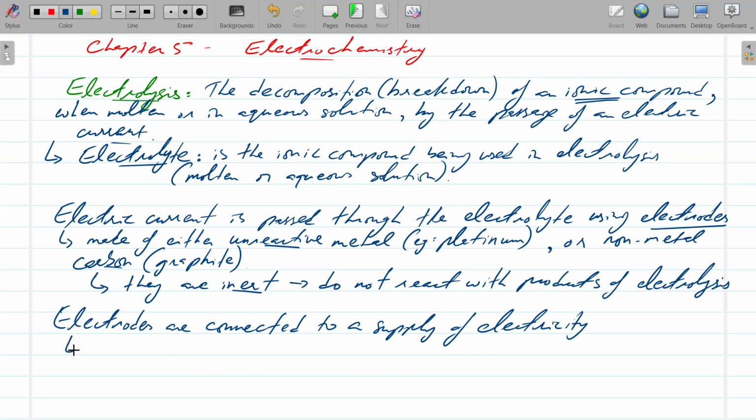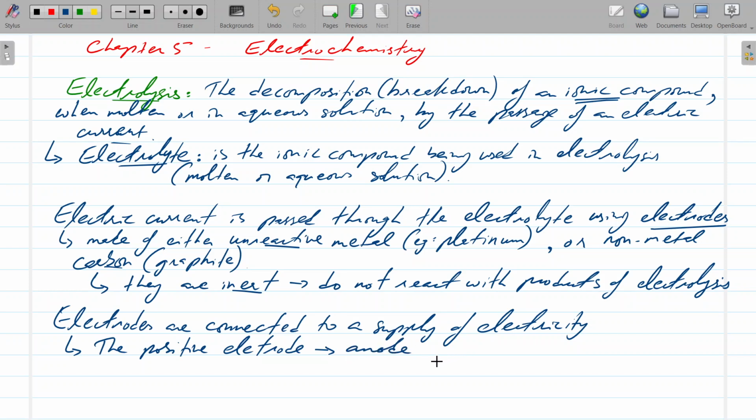So the electrode connected to the positive terminal of the electric supply is called the anode.